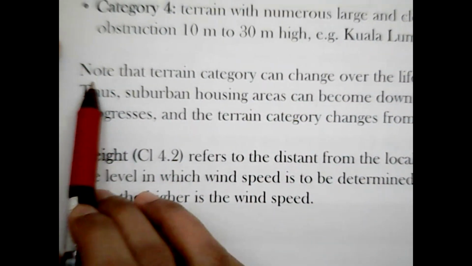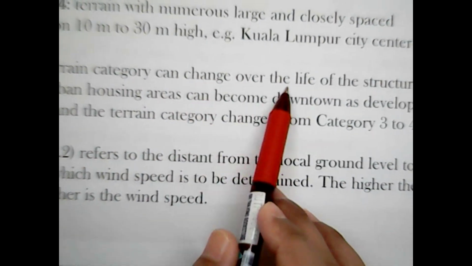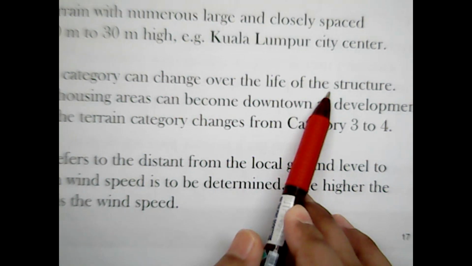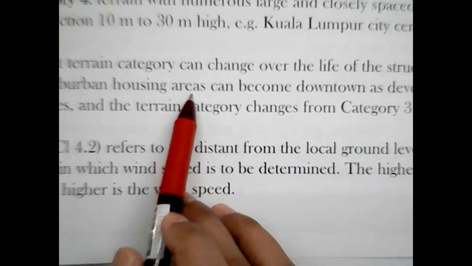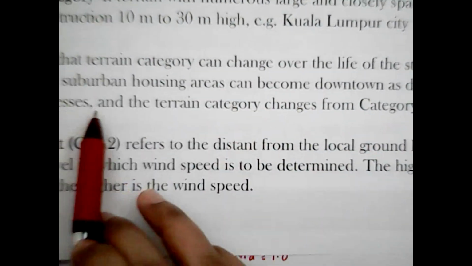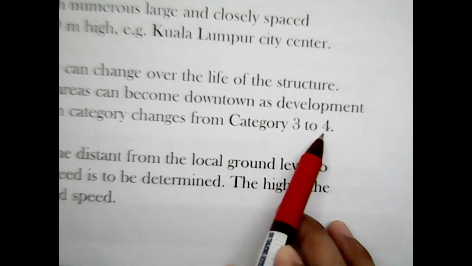Just to highlight that terrain category can change over the life of the structure. It's obvious, because it can happen that a paddy area is transformed into a suburban or urban area. So suburban housing areas can become downtown as development proceeds, and the terrain category changes from category 3 to category 4.